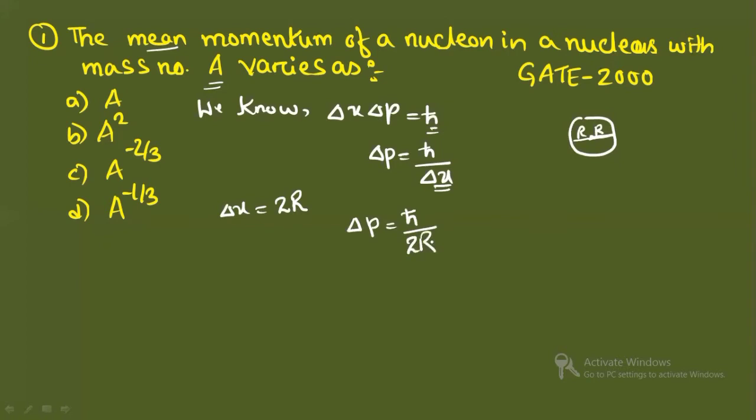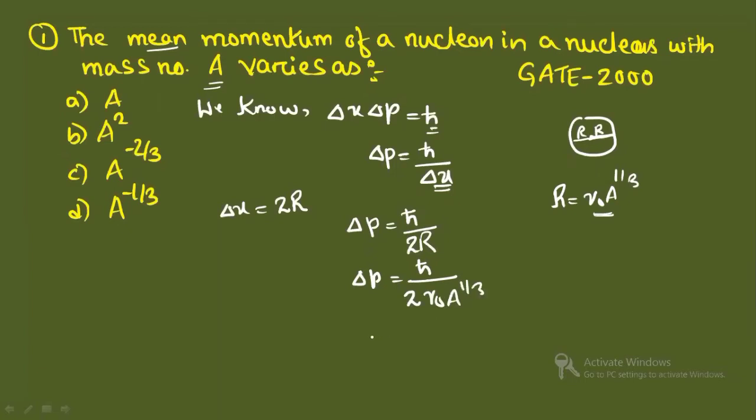Now r is the nuclear radius, right? We have studied the formula: the nuclear radius can be written as r equals R naught A to the power 1 by 3. So here it's twice r, so delta p equals h cut by 2, the 2 will be as it is, and you can write R naught A to the power 1 by 3.